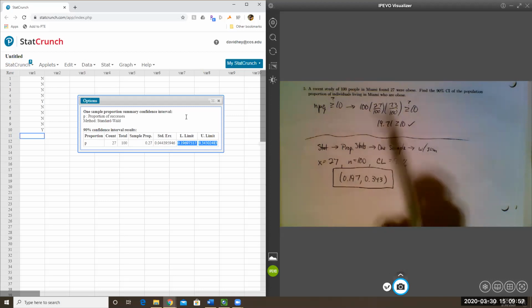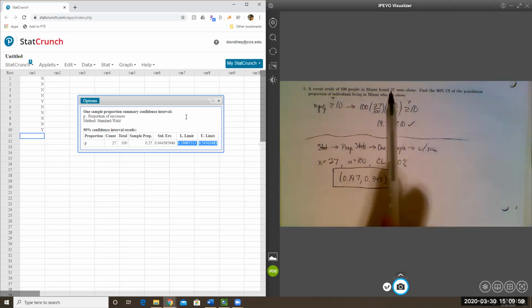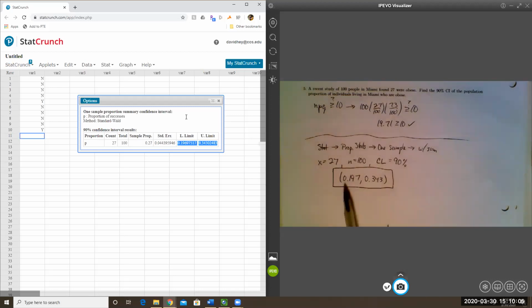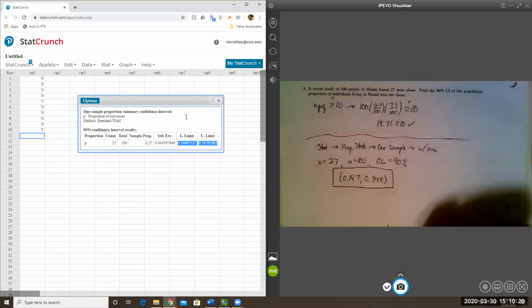We know for a fact that 27% of people in this survey were obese. Based on that information, we would say we're 90% certain that somewhere between 19.7% and 34.3% of people living in Miami are obese. Okay, and that's it for that one.